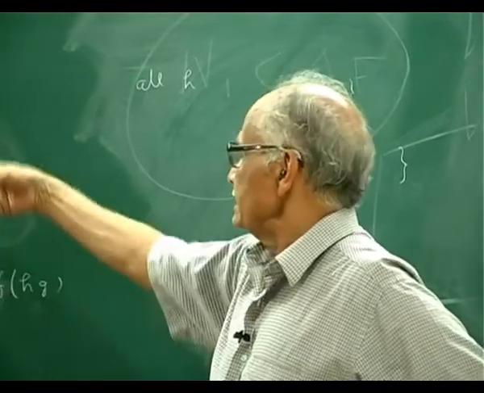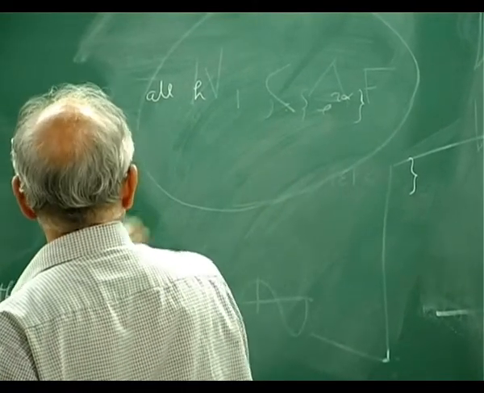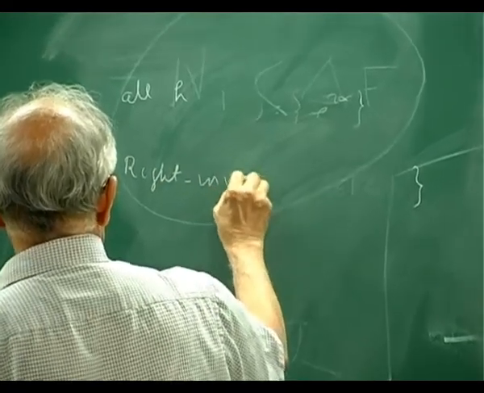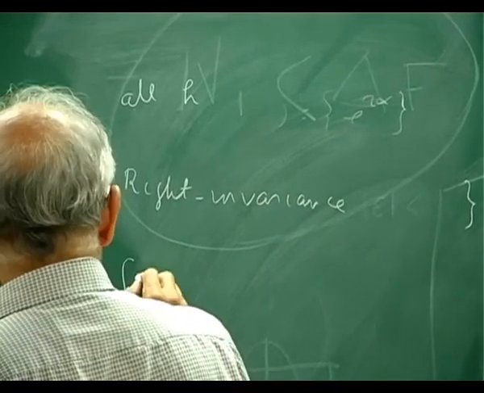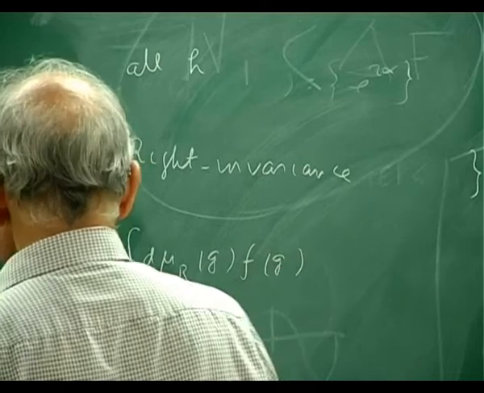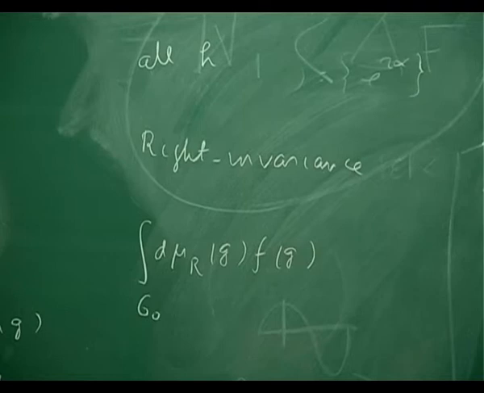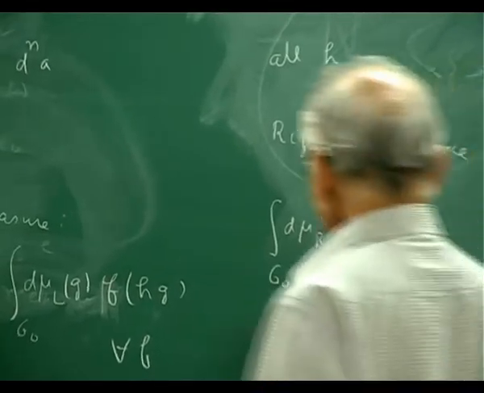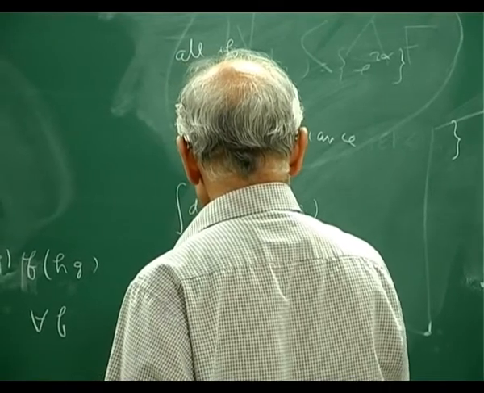Right invariance means similarly: the integral over G0 of d mu R of g f of g, for all smooth f and all h, is equal to d mu R of g f of g h.